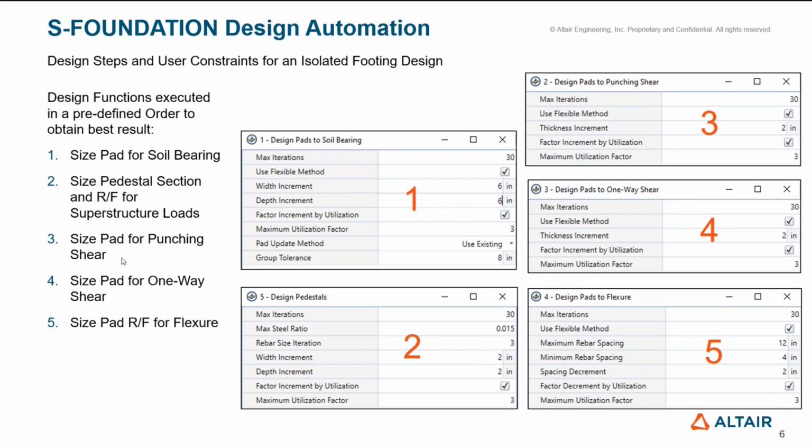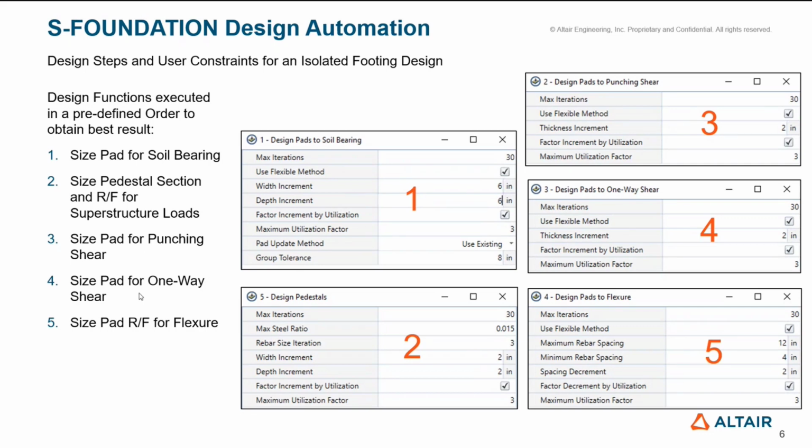There's not a lot of interdependency of the different components. So we'd start by sizing the pad for the soil bearing, and then we size the pedestal to determine how big it needs to be on the pad. Obviously, it needs to fit on the pad, so the pad is going to be larger than the pedestal. And then we would size the pad for punching shear.